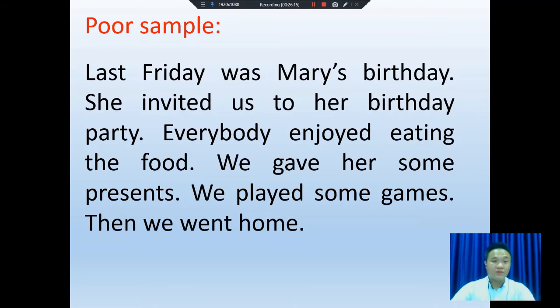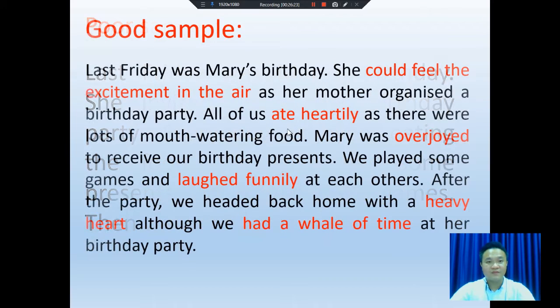Now if we include emotion in this essay, let's look at the difference. So, ladies and gentlemen, as you look at this second sample, we did a bit of modification to the previous paragraph. If you look at this paragraph, we have included emotion in this short paragraph. For example, last Friday was Mary's birthday. She could feel the excitement in the air. She's very excited. Why?